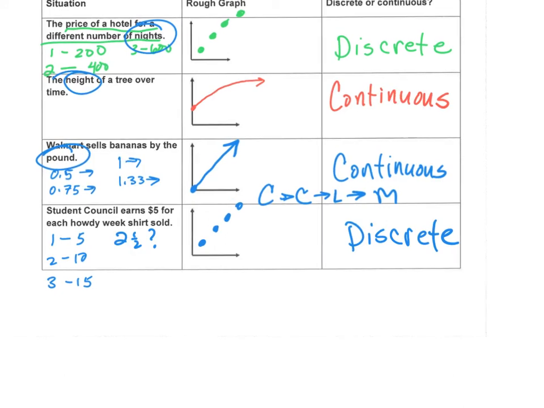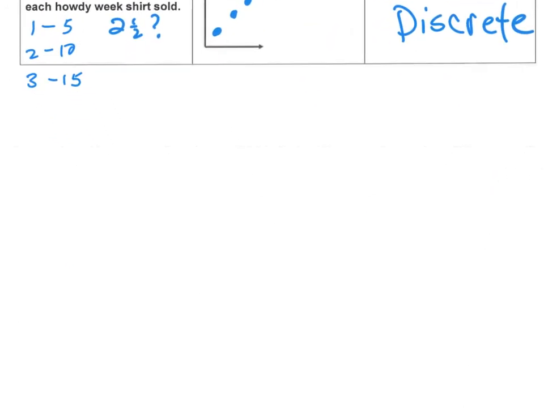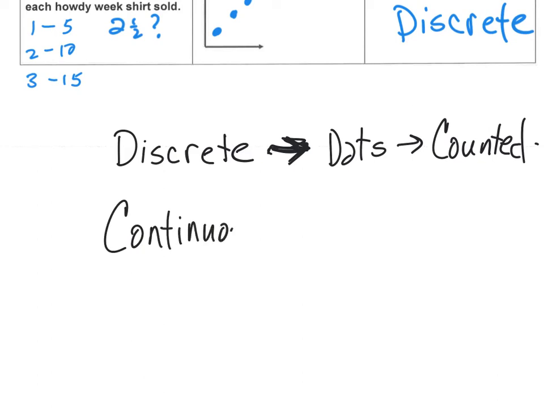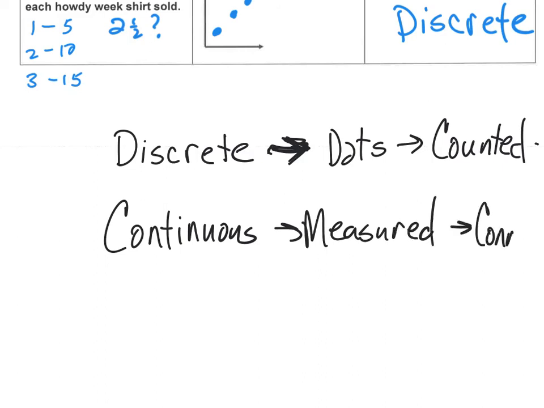Let me make sure I do some quick review before I let you go. Discrete: the graphs are often points or dots, and it's things that are counted. Nights in a hotel, etc. Continuous is measured, and the points are connected with lines.